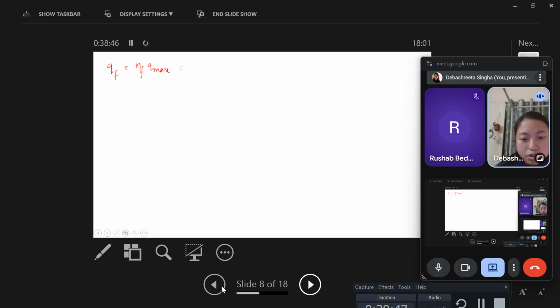How much is it? 0.something. And q max is given as h into Tb minus T infinity.